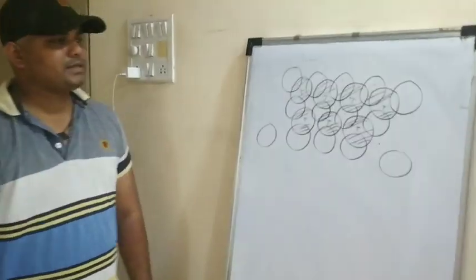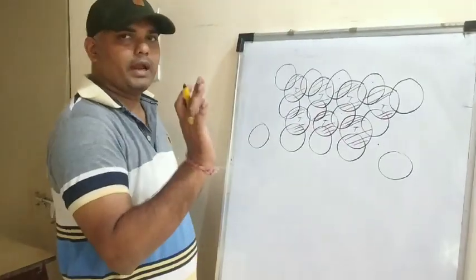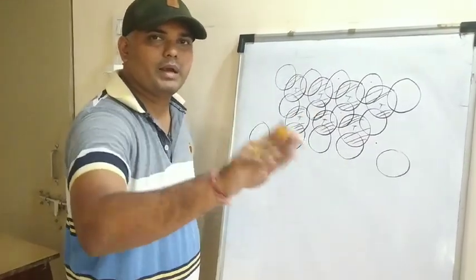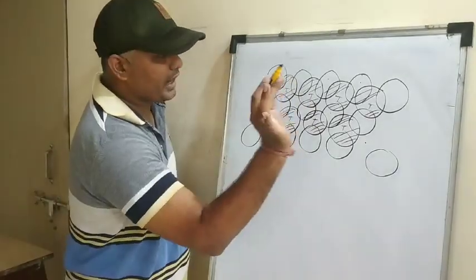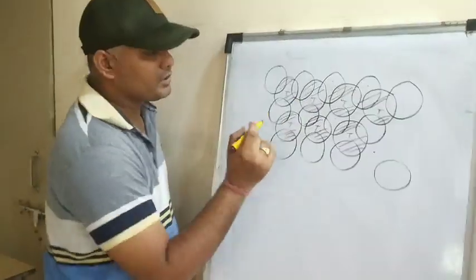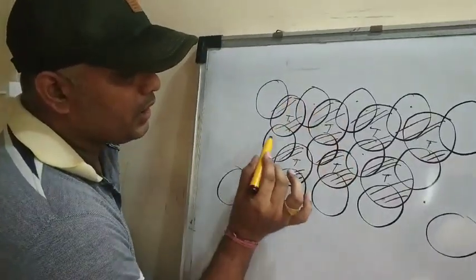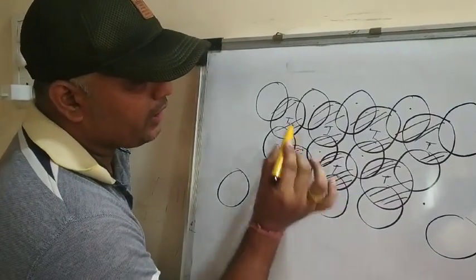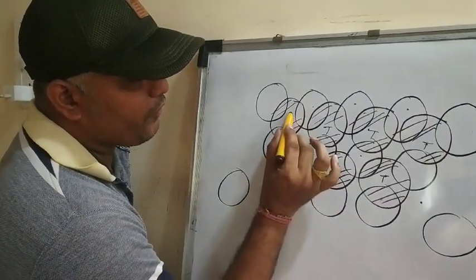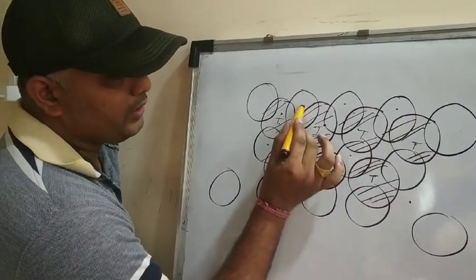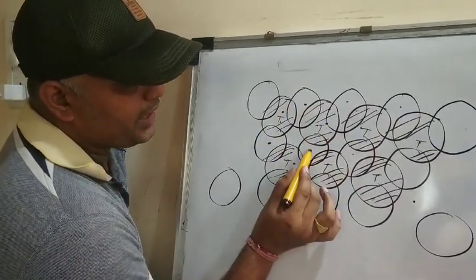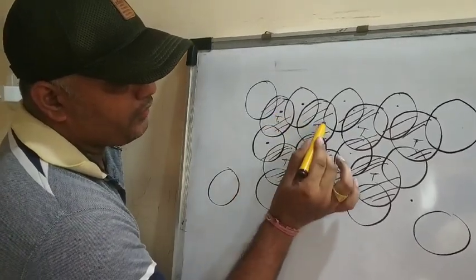Okay, now let's understand the octahedral void. In an octahedral void, how many atoms are surrounded? 6 atoms are surrounded, right? So see, the unshaded portion, try to understand. Come a little bit closer. 1, 2, 3. This is shaded 1, 4, 5 and 6. See, 1, 2, 3, 4, 5, 6.